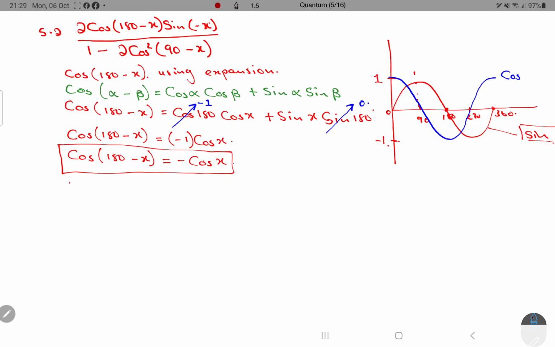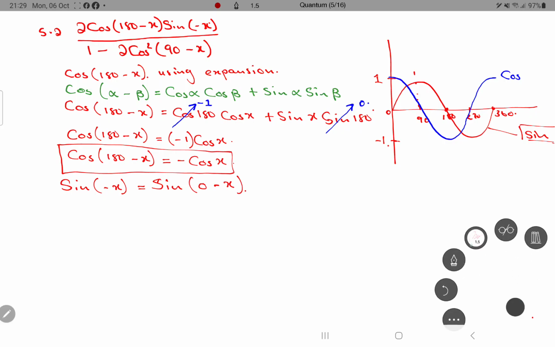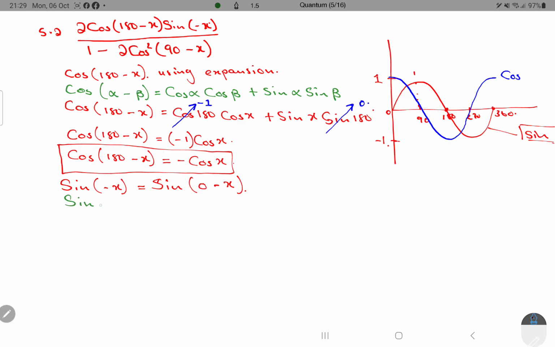The second part we look at is the sine of negative x, which can also be written as sine of 0 minus x. So we go back to our identity of the sine: sine of alpha minus beta is equal to sine alpha cos beta minus sine beta cos alpha.